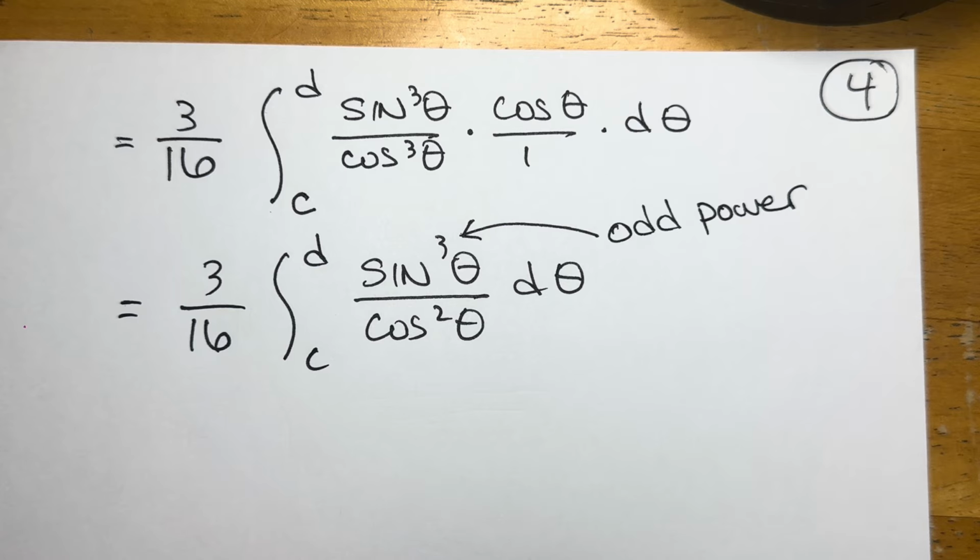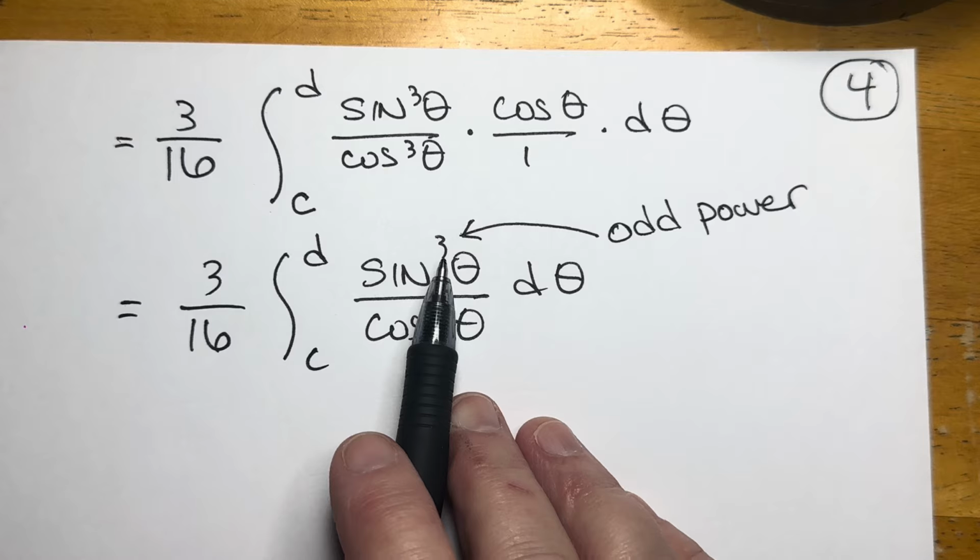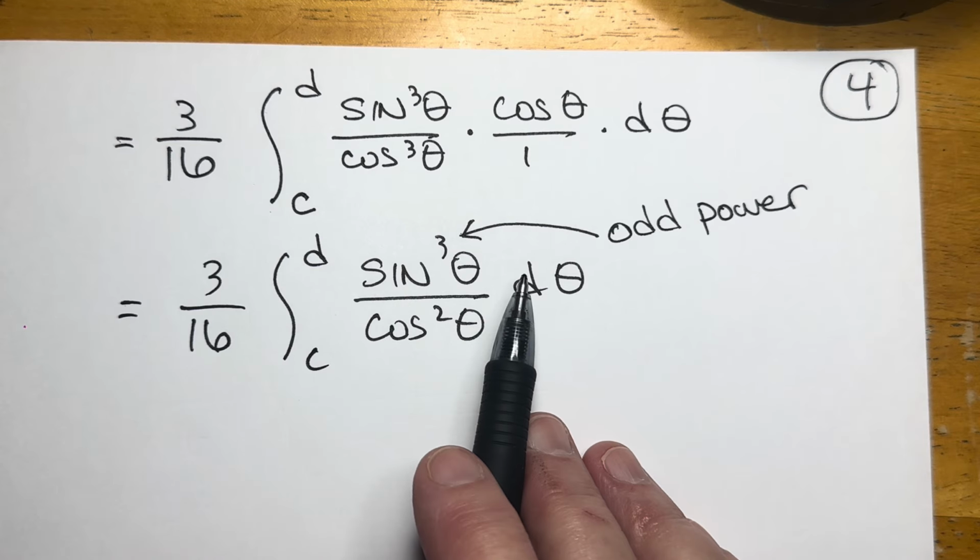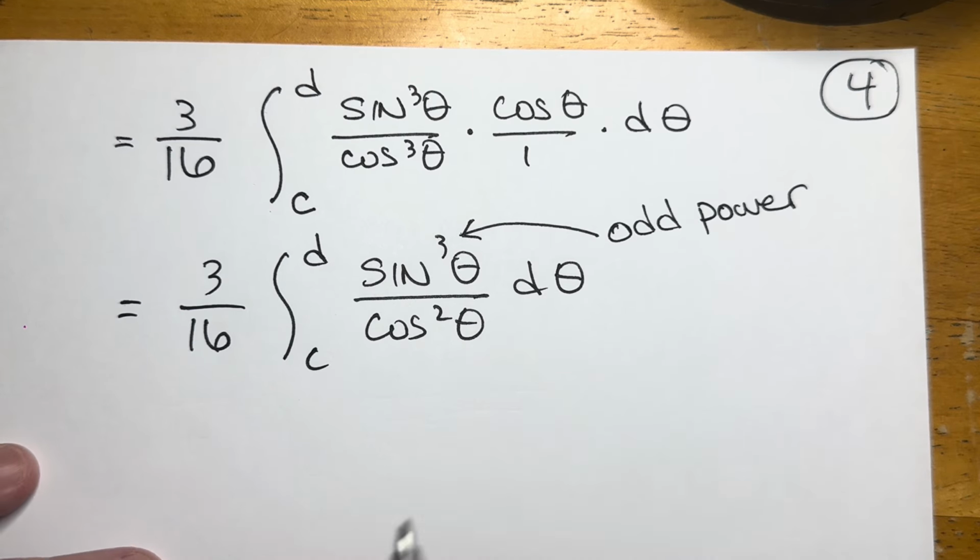This goes back to the manipulation we did in the previous section, where we were talking about how to integrate when you've got trig functions. One of the keys is if you've got an extra one, so this is sine times sine times sine, you want to split it up.